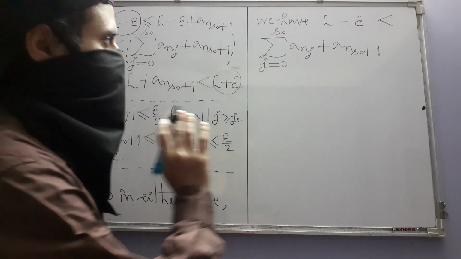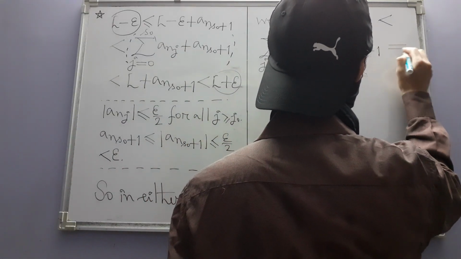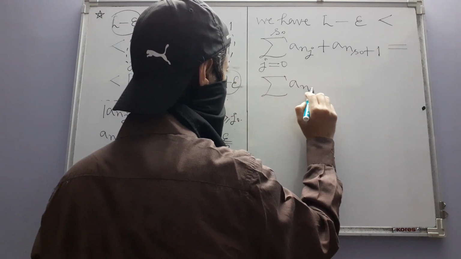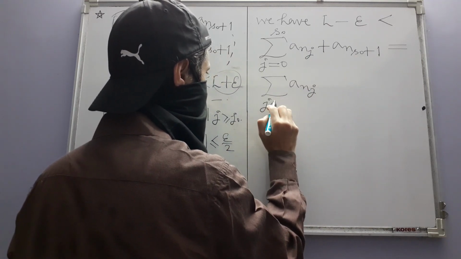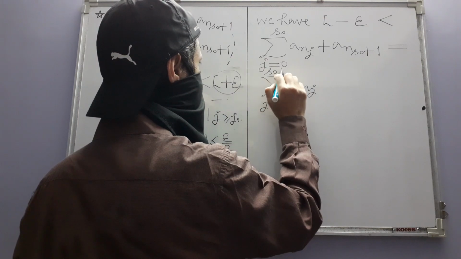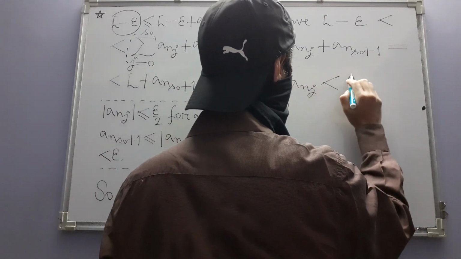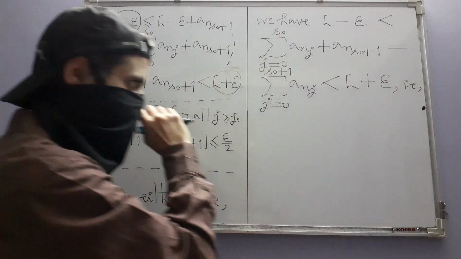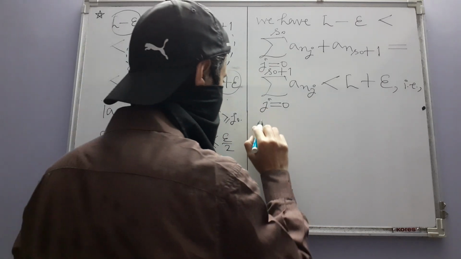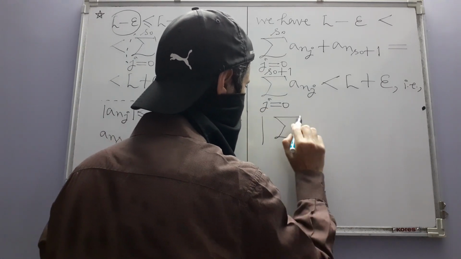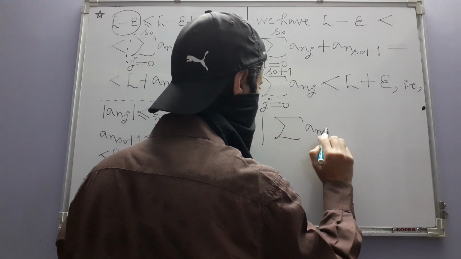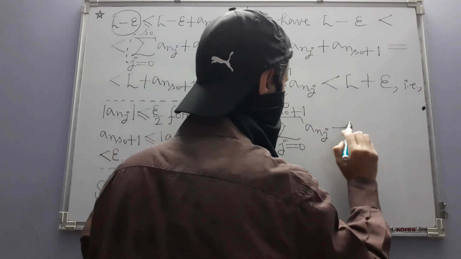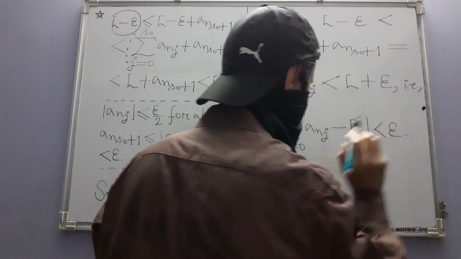Let us also note here itself that this is actually equal to S naught plus 1, and that is less than L plus epsilon, i.e. writing these inequalities using absolute value, we get this: S naught plus 1 minus L is less than epsilon.